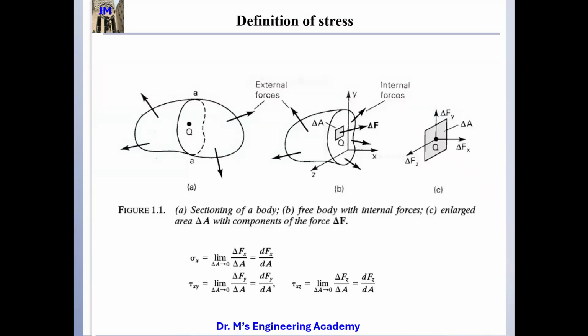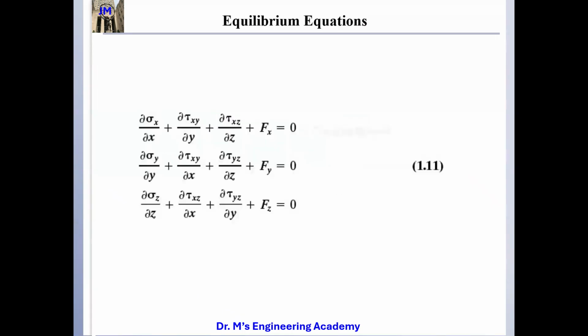Questions? These are fundamentals, correct? So we have the equilibrium equation, and based on Newton's law, the sum of Fx, the sum of Fy, and the sum of Fz are equal to 0.